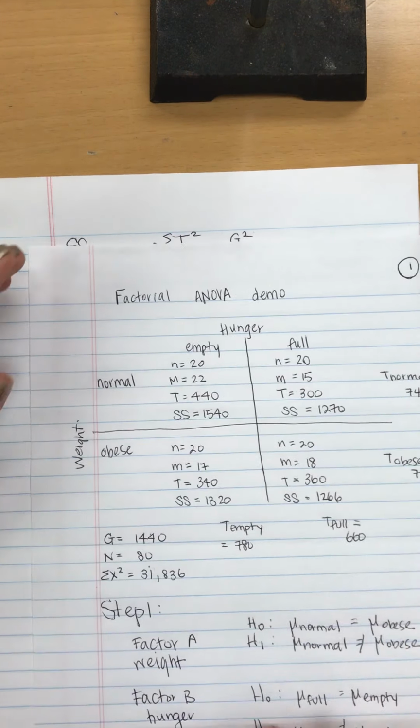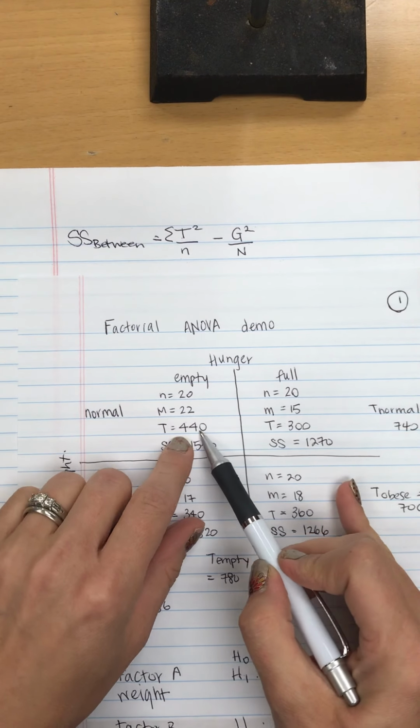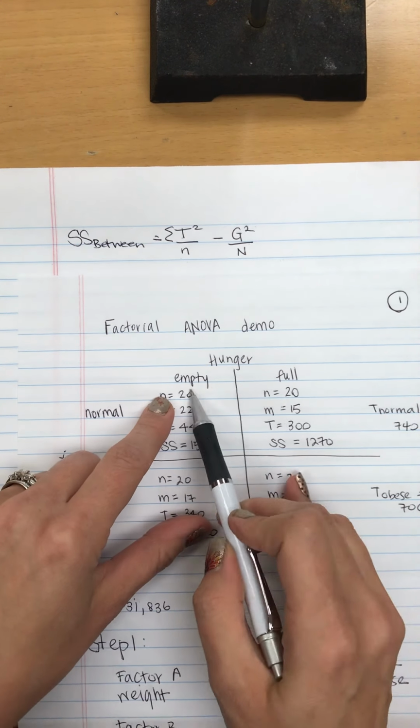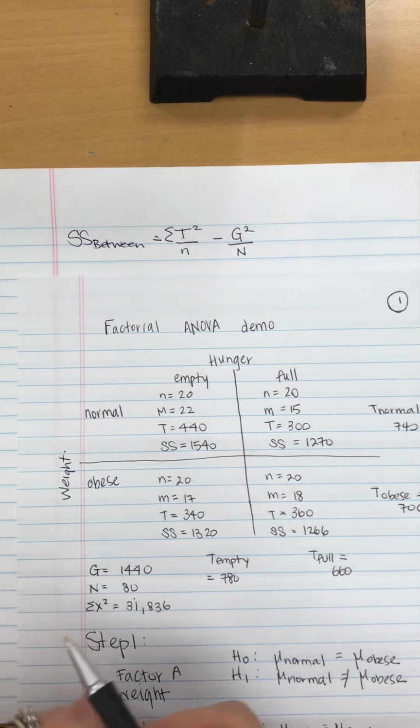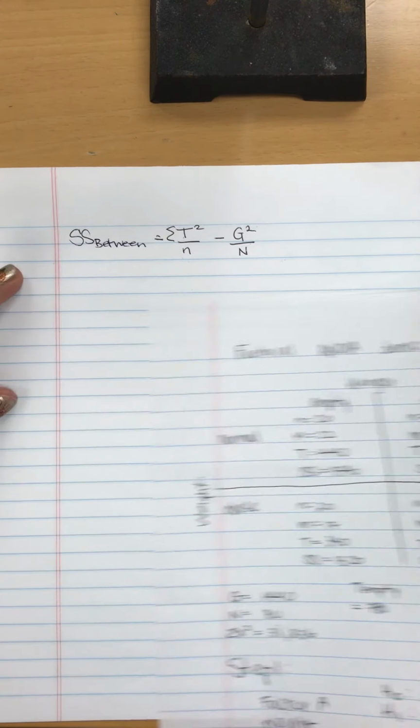So we'll take, for example, 440, square it, divide by 20. And we'll do that for each of these groups. We'll add those together, and then we'll subtract this G squared divided by N.